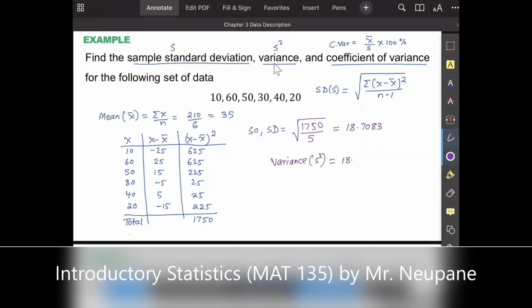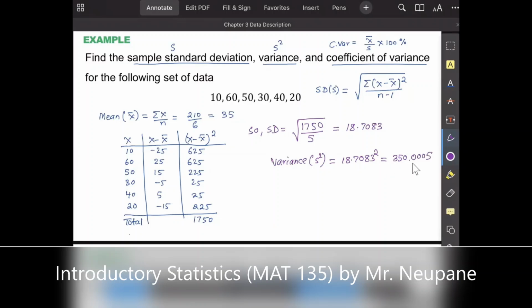18.7083 is the standard deviation, and square that. Type that in your calculator, 18.7083, and square it. 350.